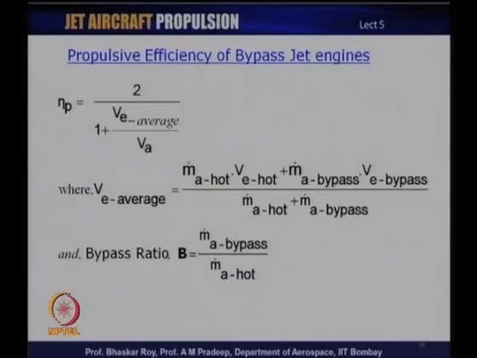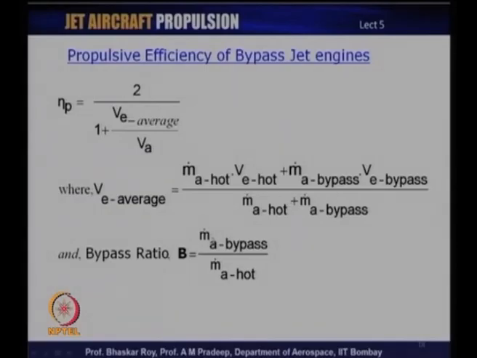It will be approaching that of the propeller or turboprop propulsive efficiency, and this is the huge benefit that the bypass engines or the turbofan engines bring to the operation of aircraft jet engines.